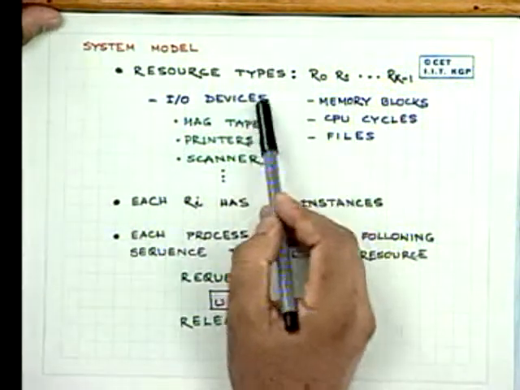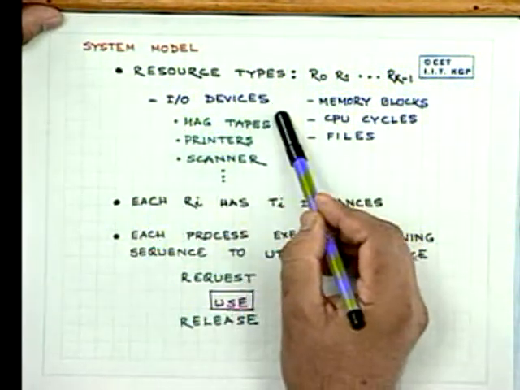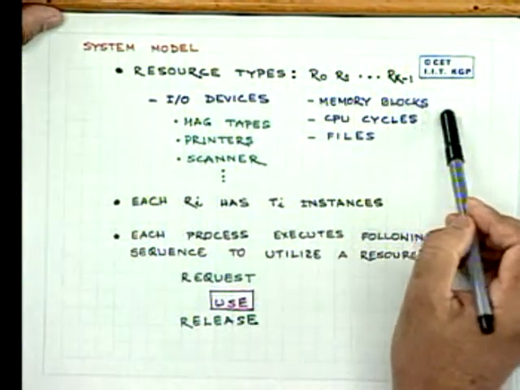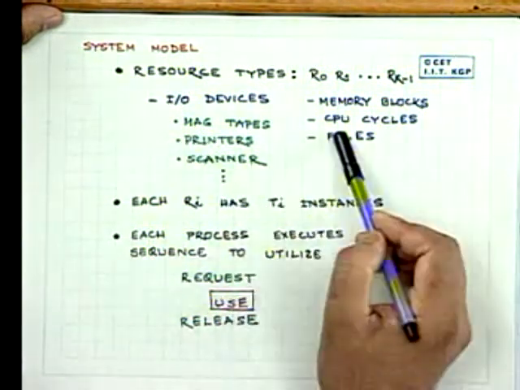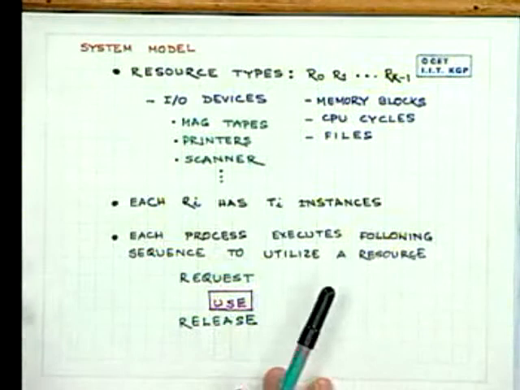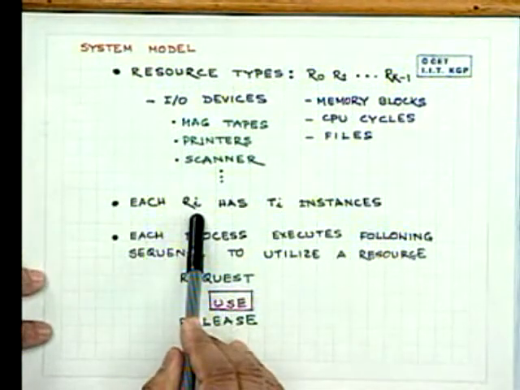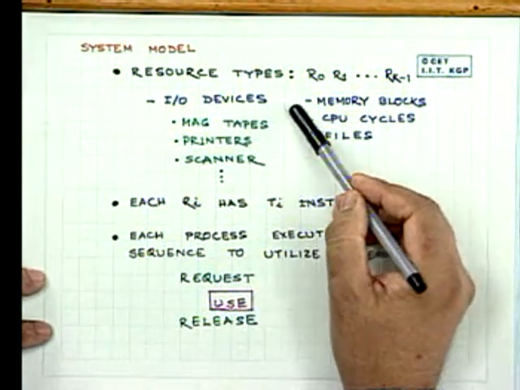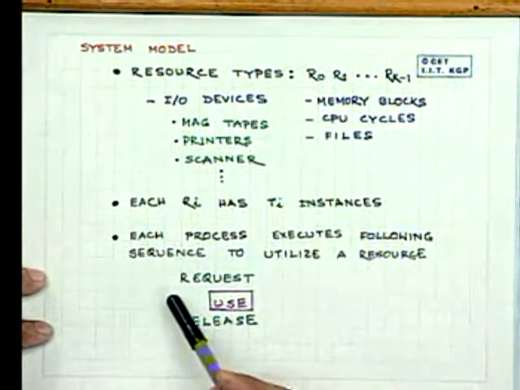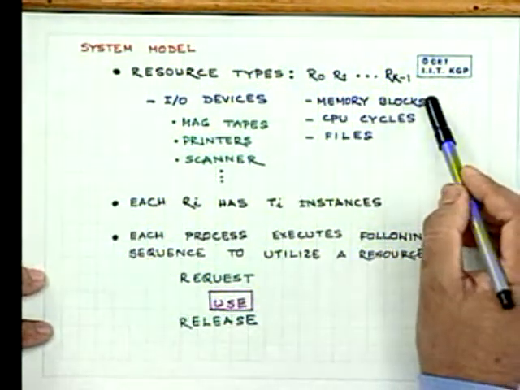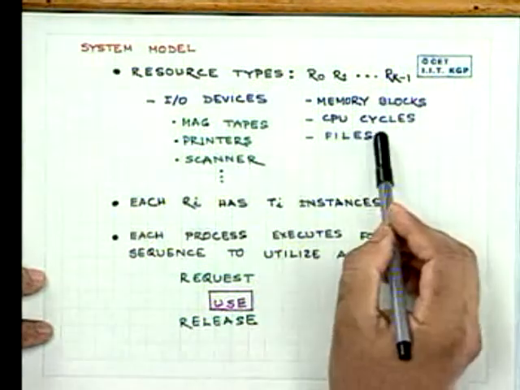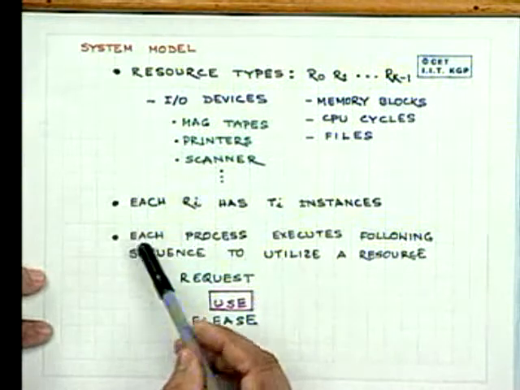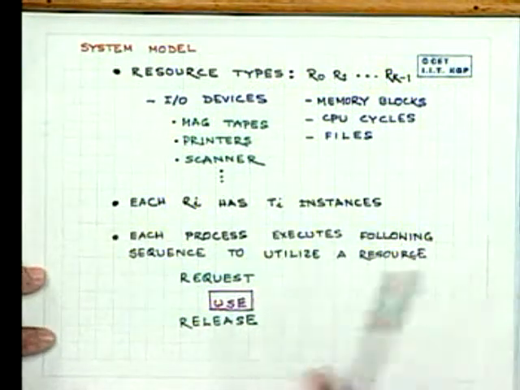These resource types may be I/O devices, for example, magnetic tapes, printers, scanners, memory blocks, CPU cycles, files; all of them we take as resource types. Each resource type Ri may have Ti instances. For example, there may be 10 tape drives, 5 printers, 2 scanners, several megabytes of memory blocks, several thousands of files, and so on.